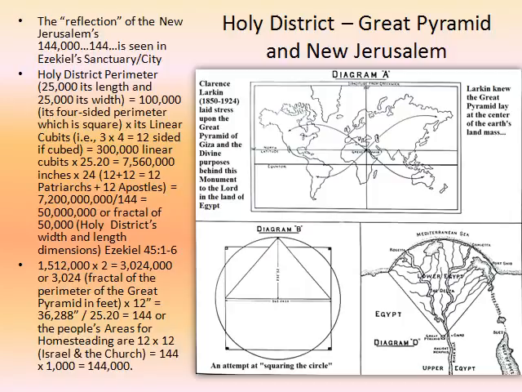Now, 1,512,000 times 2 is equal to 3,024,000, or 3,024, as a fractal of the perimeter of the Great Pyramid in Giza in feet, times 12 inches will equal 36,288 inches, divided by the sacred cubit of 25.20 will equal 144, or the people's areas for homesteading are 12 by 12, Israel and the church, equal to 144 times 1,000, which equals 144,000.